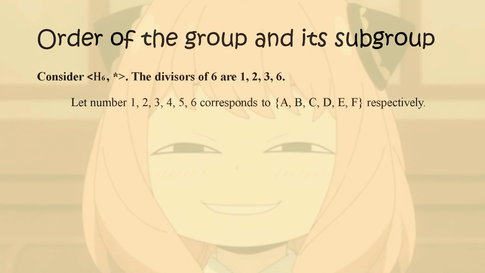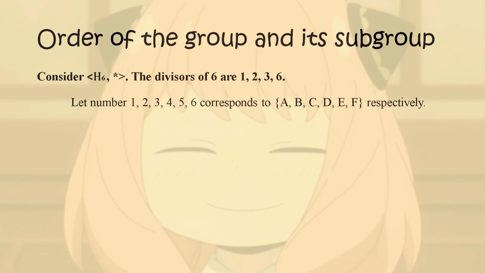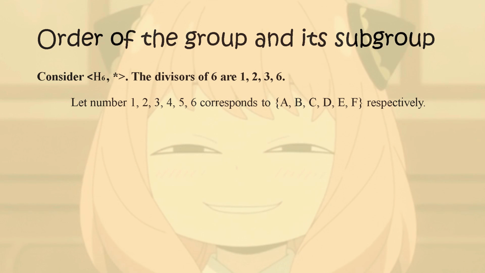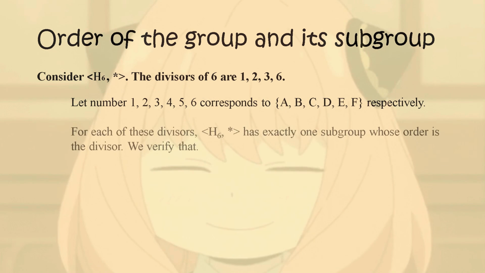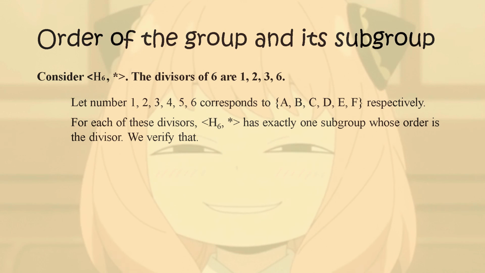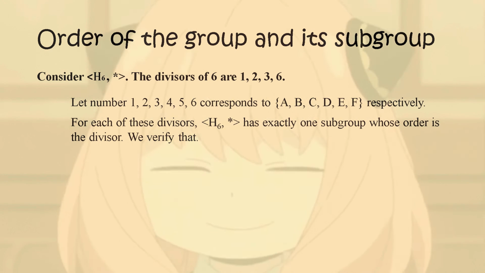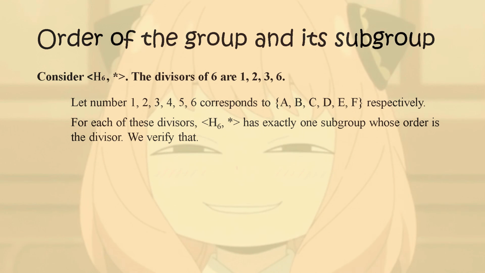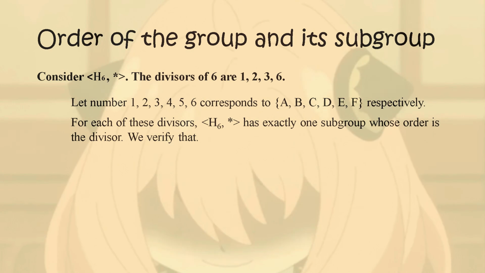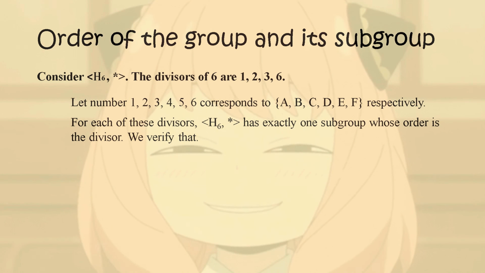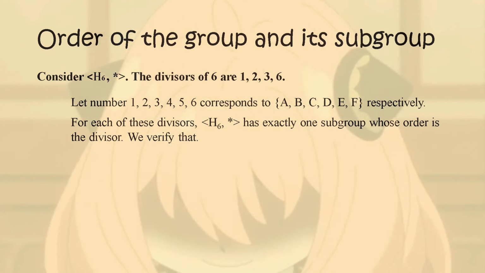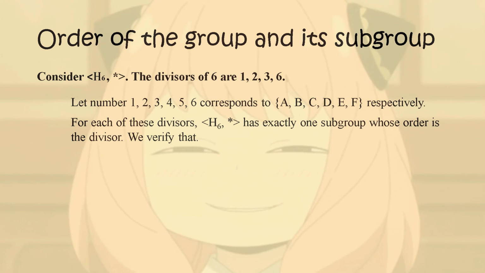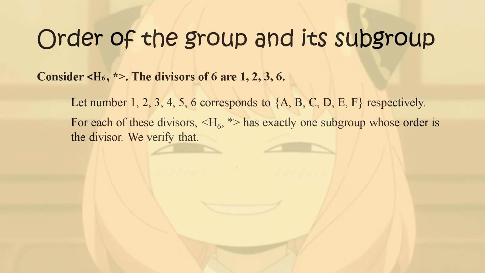Let 1, 2, 3, 4, 5, and 6 correspond to A, B, C, D, E, and F respectively. For each of these divisors, H sub 6 under binary operation star has exactly one subgroup whose order is the divisor. We verify that by the following.